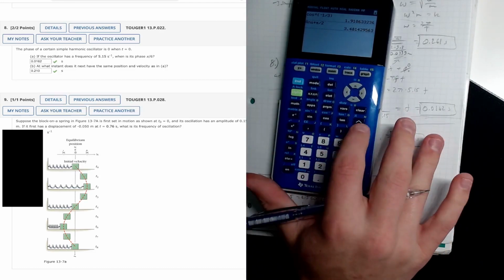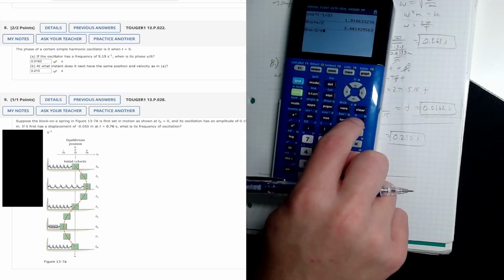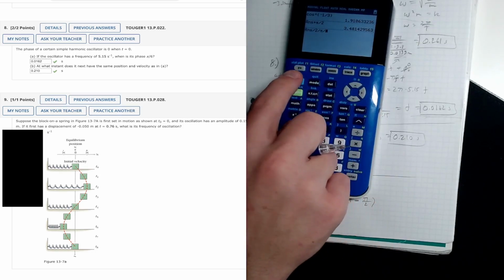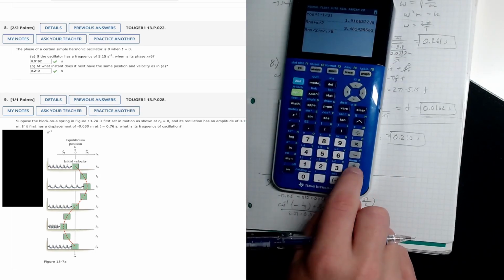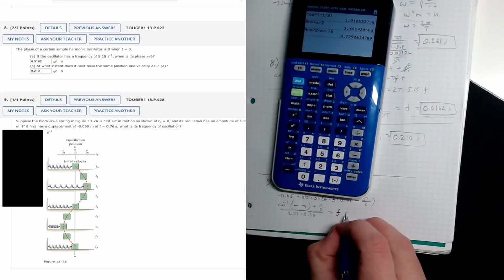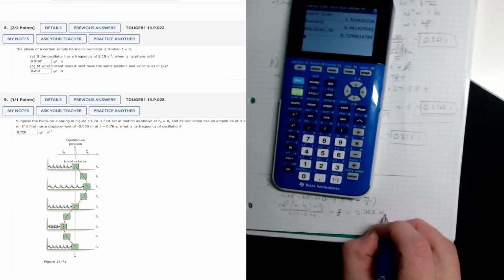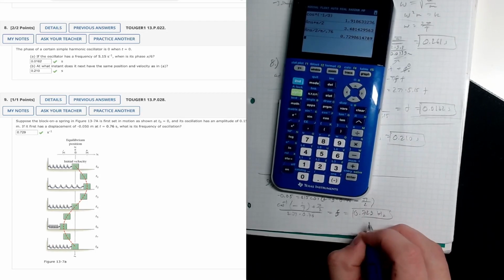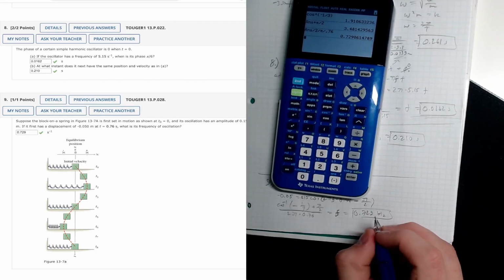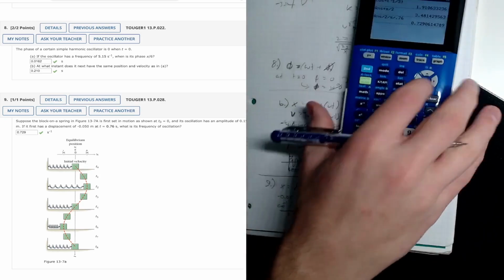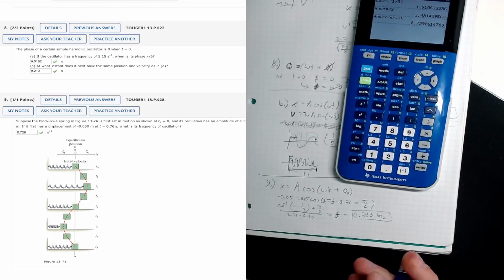Do that divided by 2 divided by pi, and f is going to be 0.729 hertz, or seconds to the negative 1. And that, guys, is the answer to number 9.